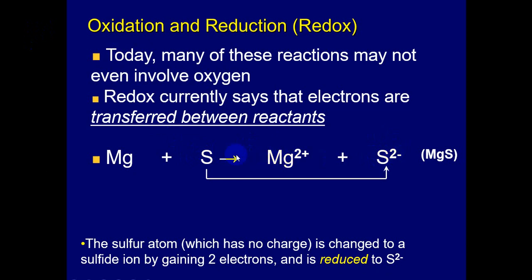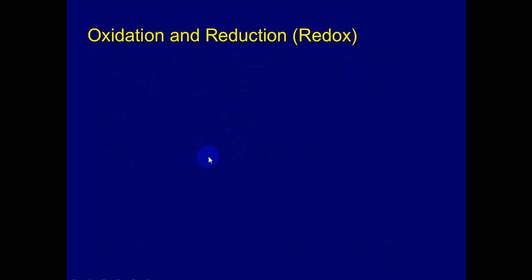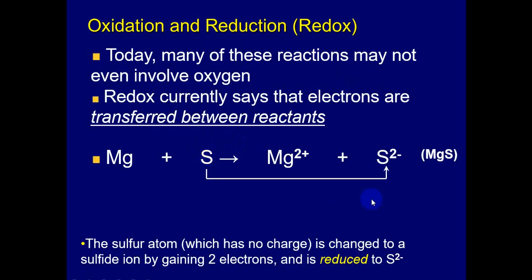So magnesium over here is called the reducing agent, because it donated 2 electrons to the sulfur, and when you gain electrons you become reduced. So magnesium causes reduction of sulfur to sulfur 2 minus.